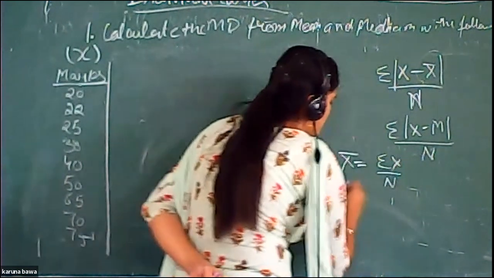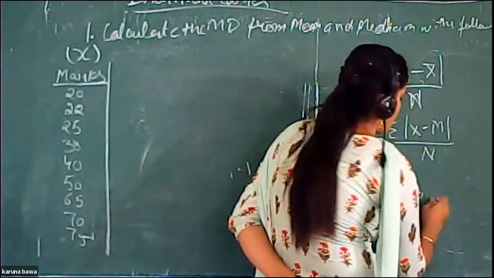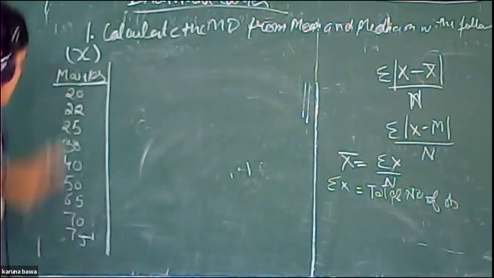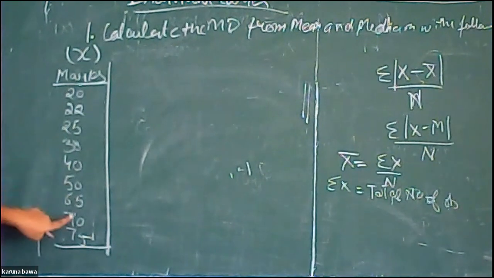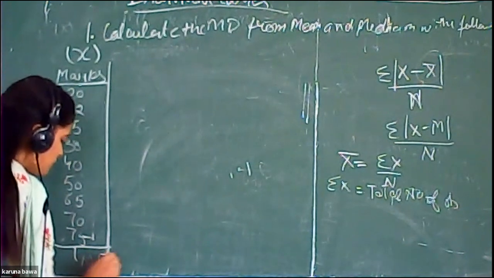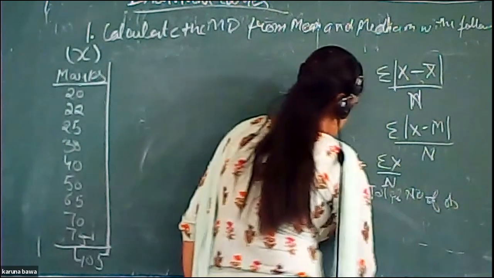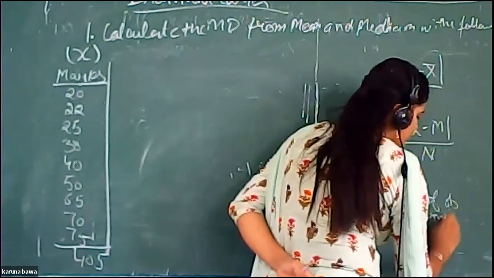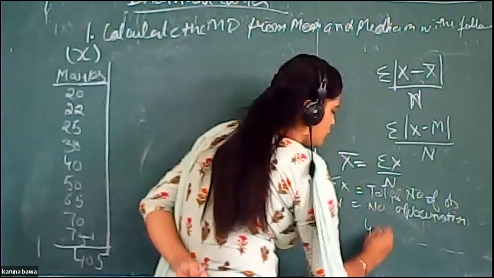Summation x is the total of the values 20, 22, 25, 38, 40, 50, 65, 70 and 75, and the total is 405.